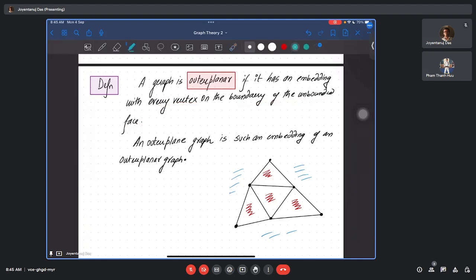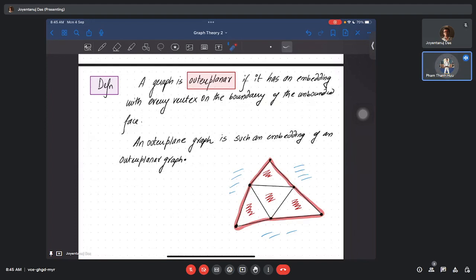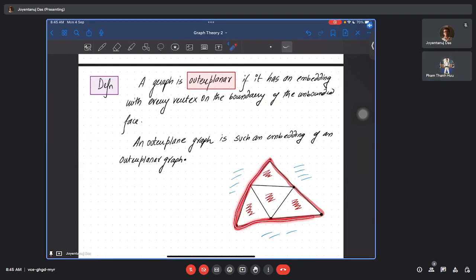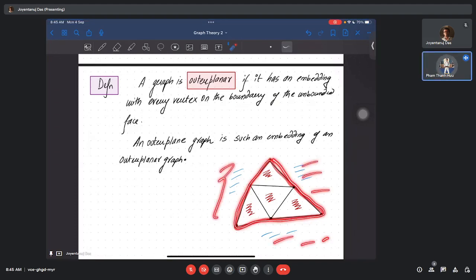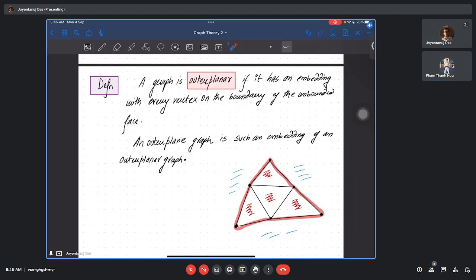This red highlighted part is the boundary of the unbounded face, and you can see that every vertex is on it. So that is the definition of an outerplanar graph.